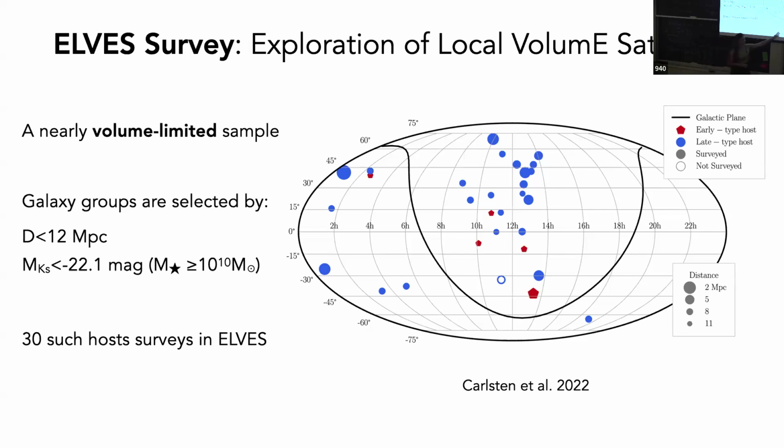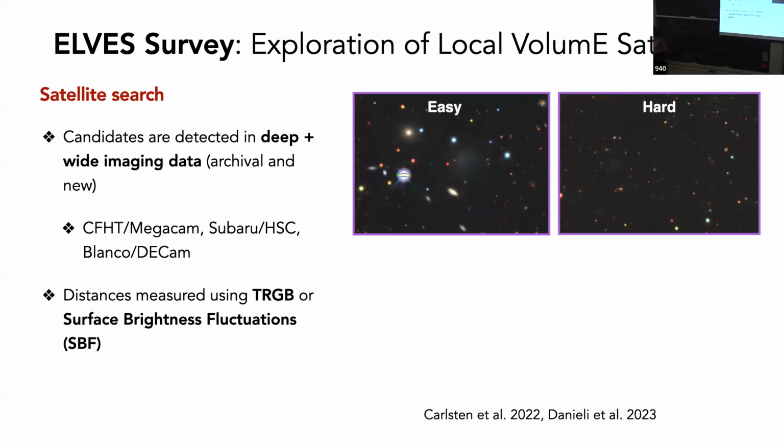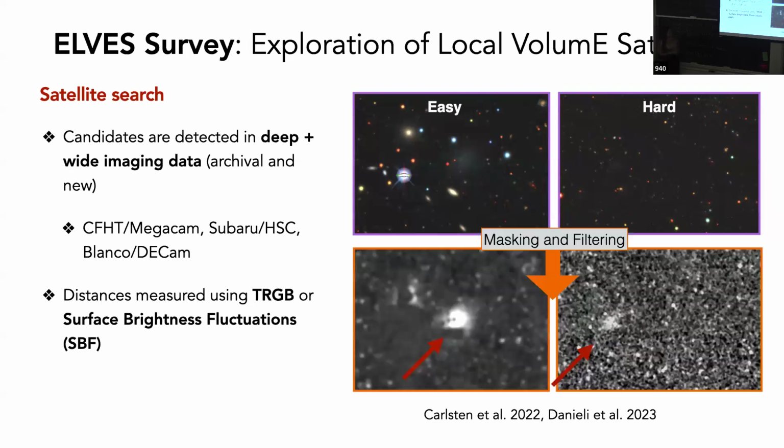When I say we, I mean Scott Carlson, a graduate student that graduated from Princeton. And what Scott did is that he looked at the projected halos around all of these massive, Milky Way-like galaxies. Again, a volume complete sample, and found all of these little low surface brightness candidates.